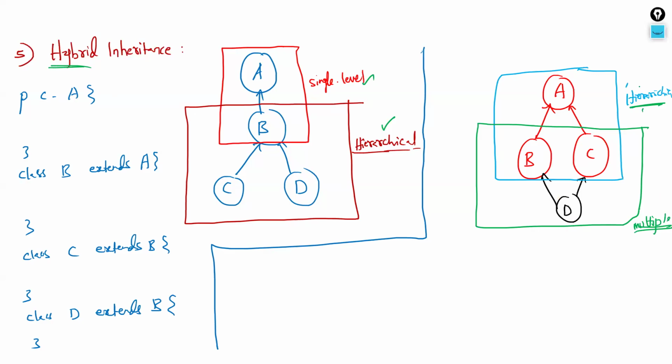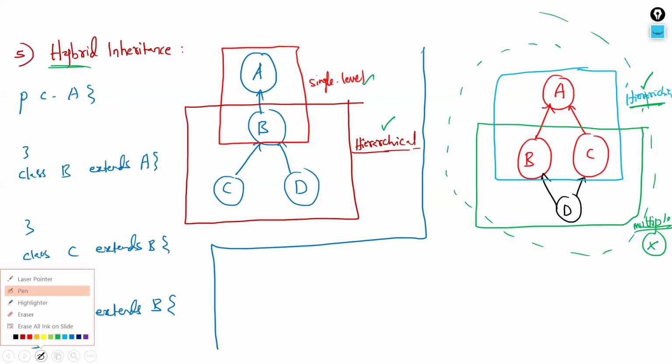But out of which one is supported in Java, another one is not supported in Java. Yes or no? Therefore this together is supported now. Is this type of hybrid supported or not supported? Not supported, because hierarchy is possible, but multiple is not possible. Then how will that combination be possible? It is not possible.